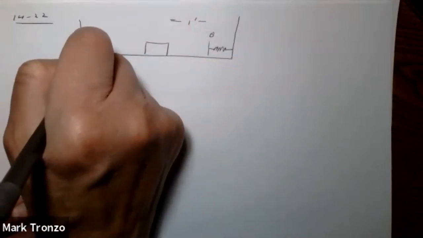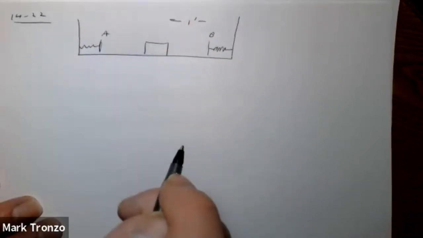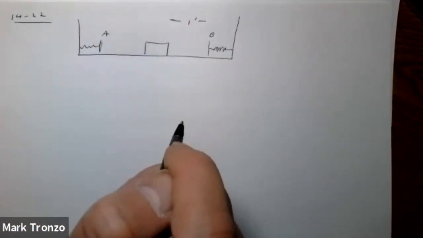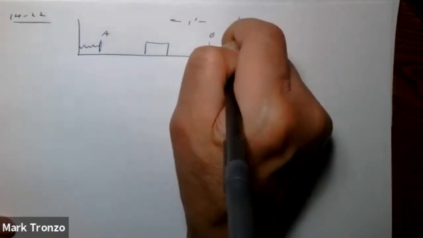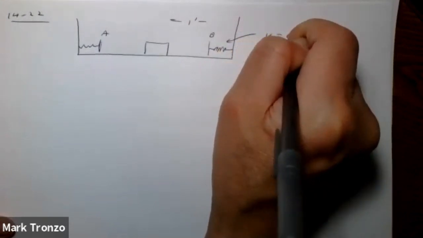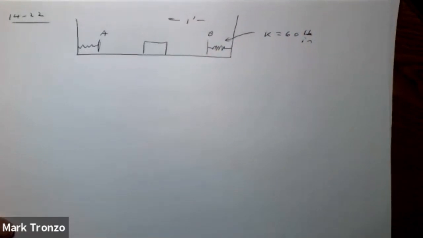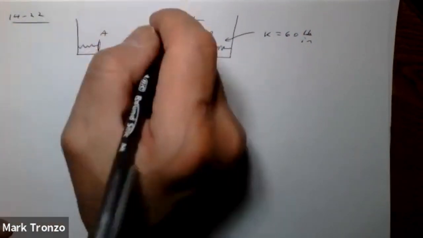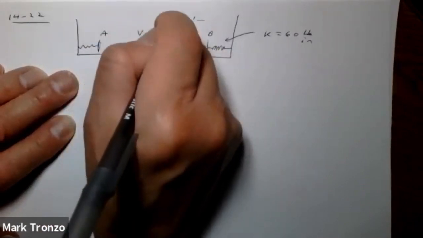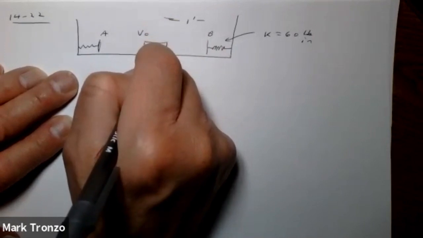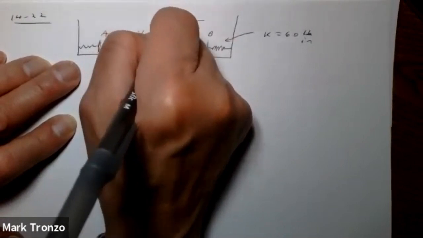And we have a spring here. This is A. And we're told the spring constant is 60 pounds per inch over here. And the initial velocity of this block, it's starting from this point right here, which is 1 foot away. The initial velocity is 10 feet per second.